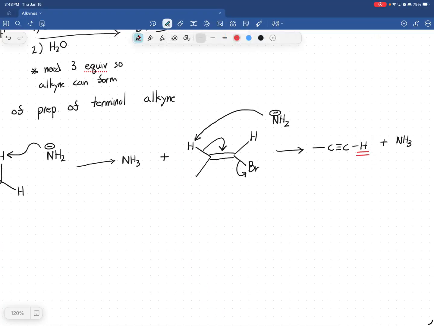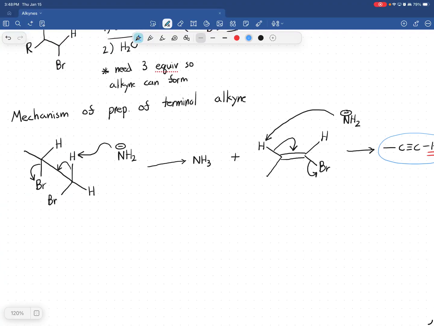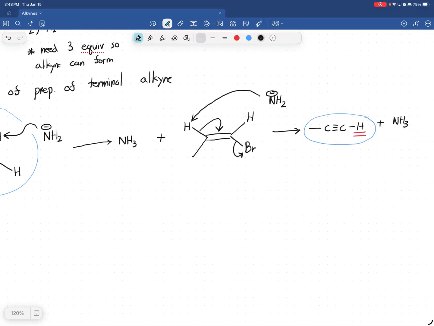So let me just illustrate something. As this forms, sodium amide can attack this, or it can attack another molecule of this. So if you have that discrepancy, to ensure that all the alkyne can form, you need to add a third equivalent of sodium amide. So that's what happens. So what happens here is that there's an additional step.